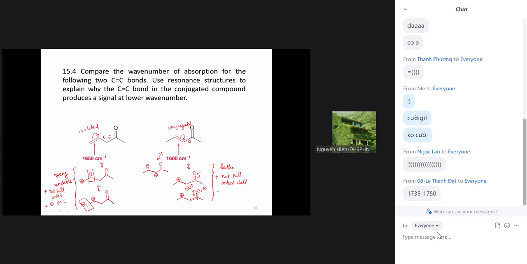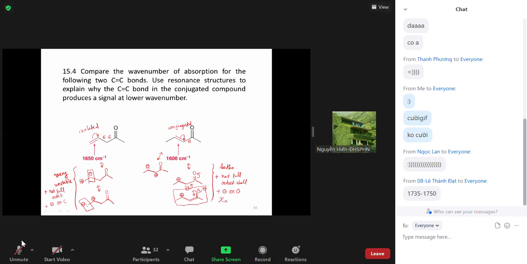But in this structure, you see that the negative charge is on oxygen, whose electronegativity is large, is high. So this one is good, is okay.